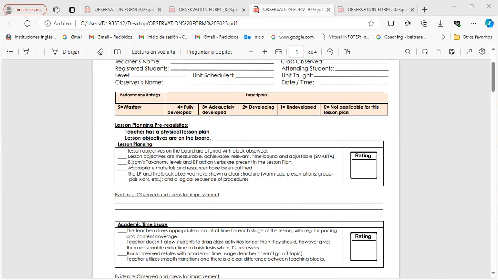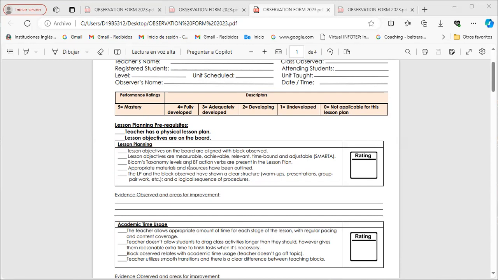You can also observe if the teacher uses Bloom's taxonomy levels. Every day, they are supposed to teach new content. So teachers must start with the correct level of thinking of Bloom's to introduce new content: knowledge, remember, and then application.